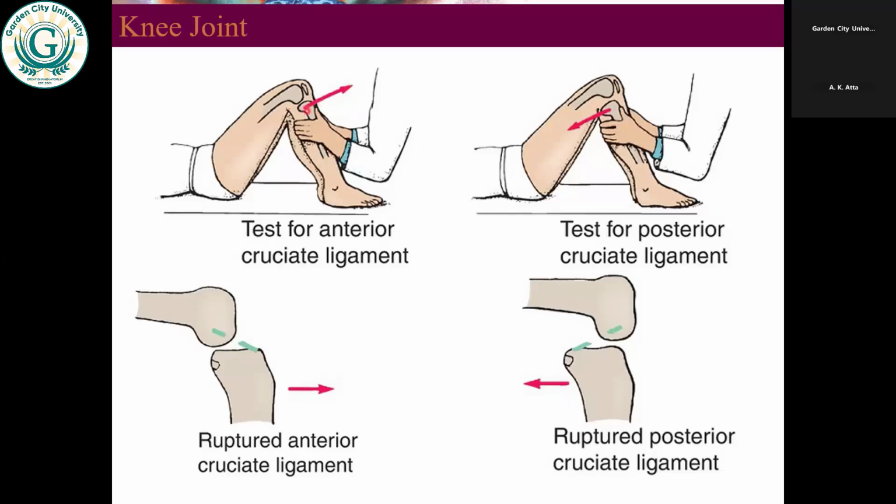The one that prevents posterior dislocation of the tibia on the femur is the posterior cruciate ligament. So when we talk about the cruciate ligaments, it's all about the movement of the tibia related to the femur.